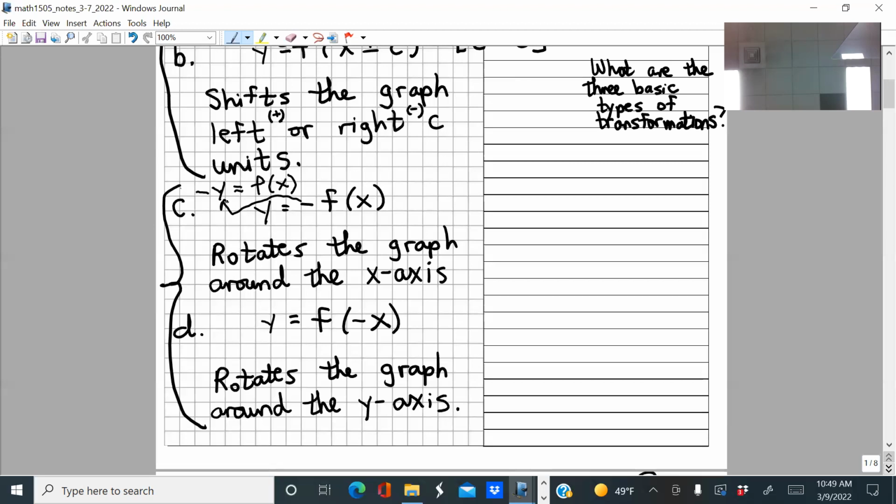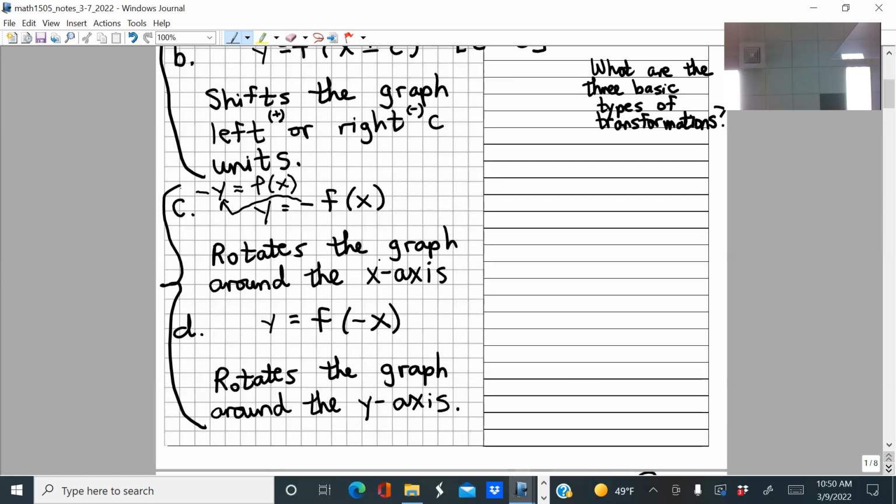So what this transformation is really saying is the following. If you multiply the variable x by a minus sign, the graph rotates around what? The y-axis, right? So if you multiply x by -1, you rotate around the y-axis. If you multiply y by -1, what happens? You rotate around the x-axis.